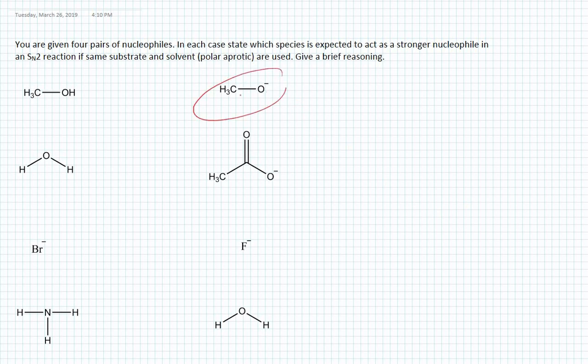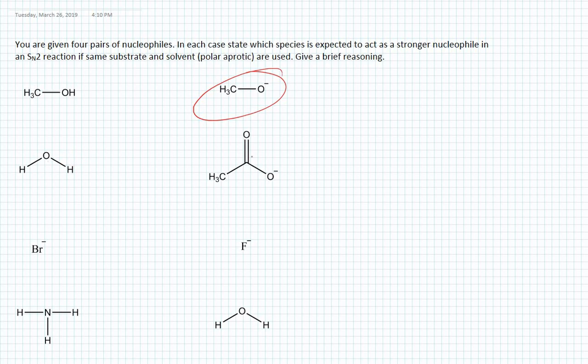Let's just circle this one because this is more basic than its acid form. But again this comparison holds true if we are comparing very similar molecules like an acid and its conjugate base.